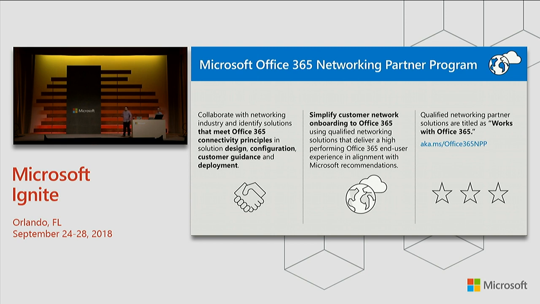One other thing, we announced this on Tuesday in the networking session, but I'll go over it again. We've announced a Microsoft Office 365 networking partner program, where we're working and collaborating with the networking industry to identify solutions that meet these principles, that help you to implement those principles in a simple, scalable, adaptable way. So we work with these vendors and make sure they adhere to our principles.